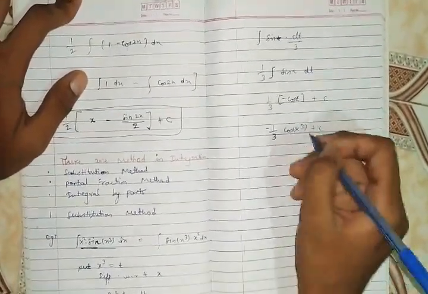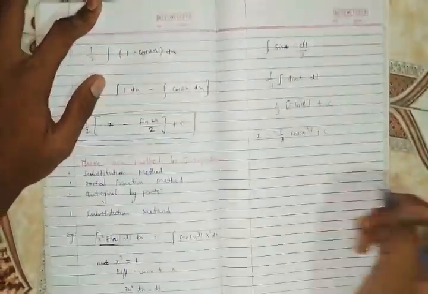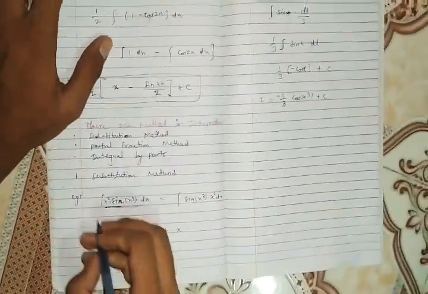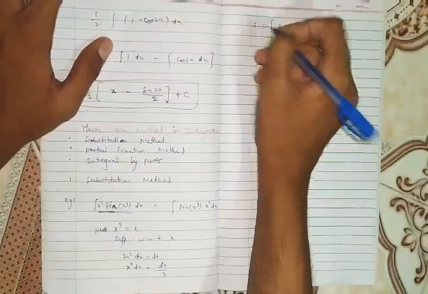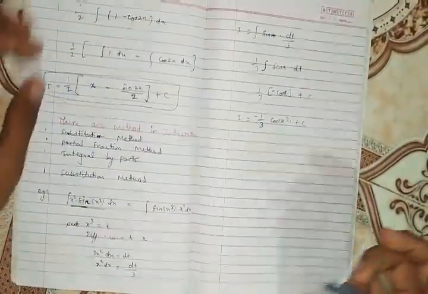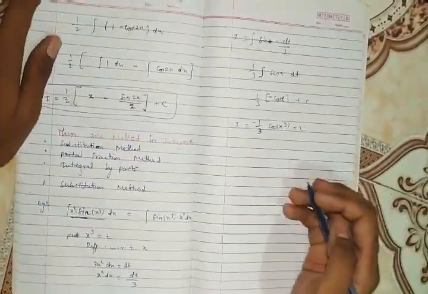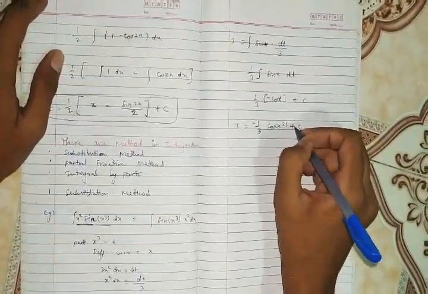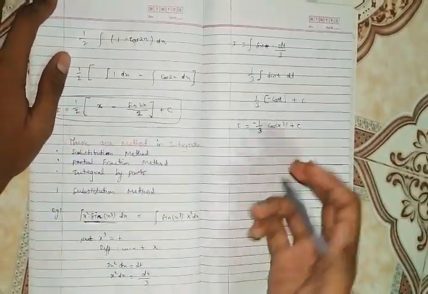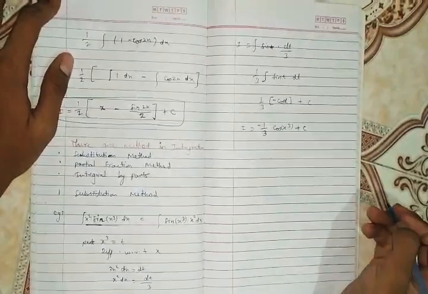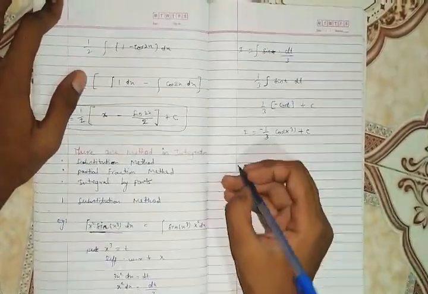So this is the answer which we required. I hope you have understood whatever I have explained, and I will take another example so it will be more clear to you.